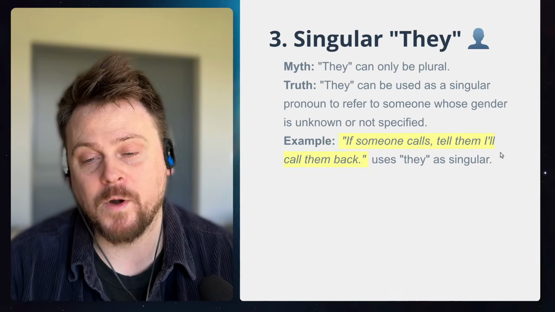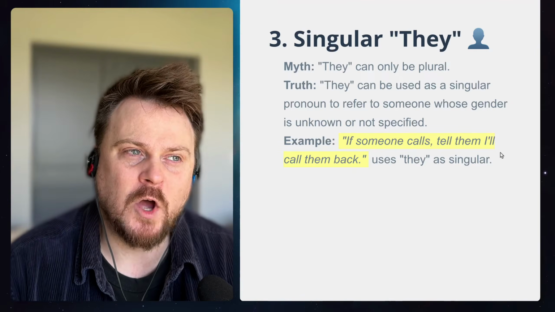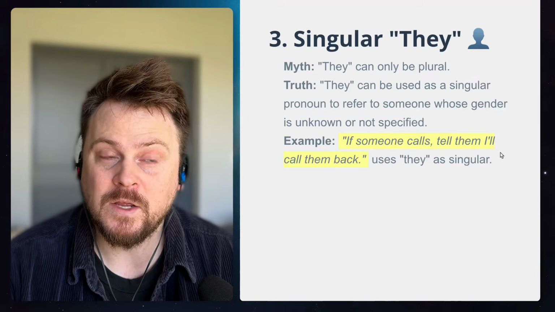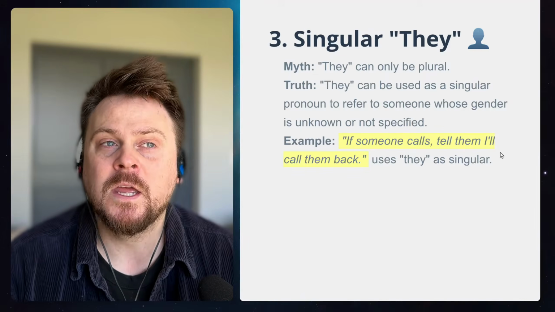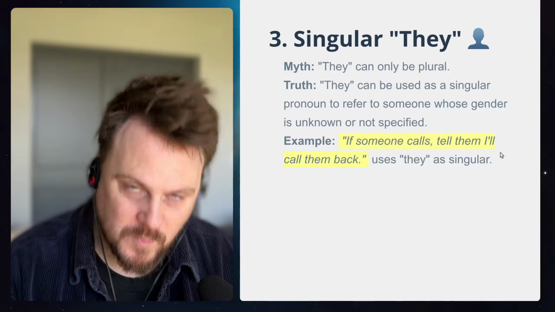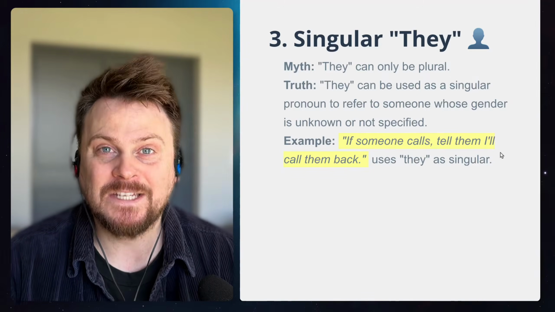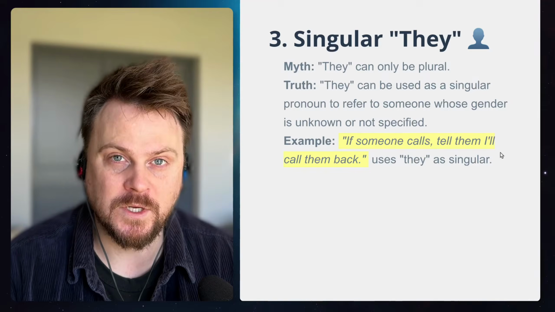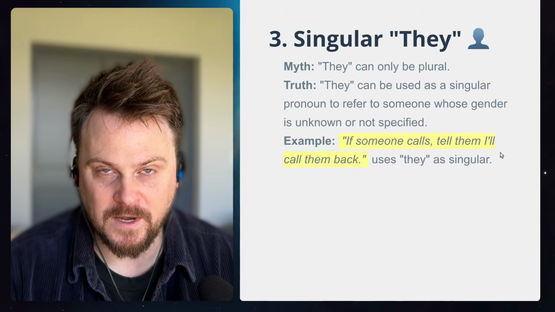Next, we have 3 more. They. Can they ever be used to talk about one person? Now, putting aside the recent trend of they as a common non-gender specific pronoun, apart from that, they is still a common way to talk about one person when gender is unknown or unspecified.